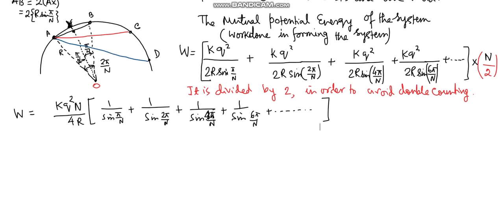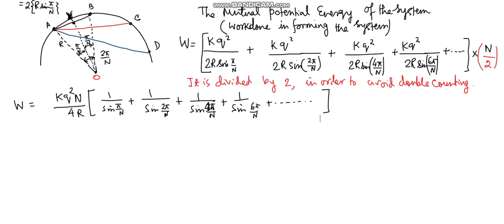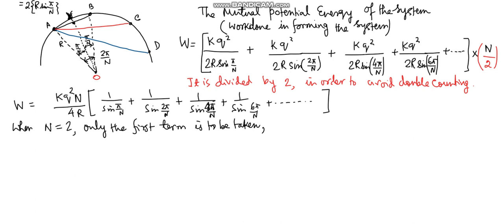So let me take this expression. When n is equal to 2, let's check what is going to happen. When n is equal to 2, only the first term is to be taken. Why should I take only the first term?